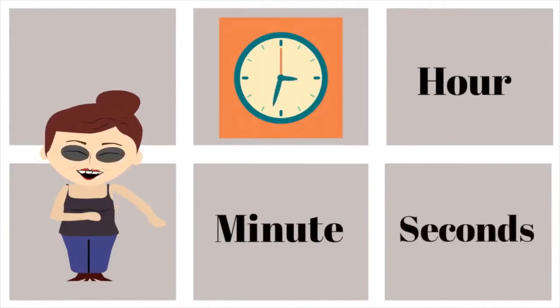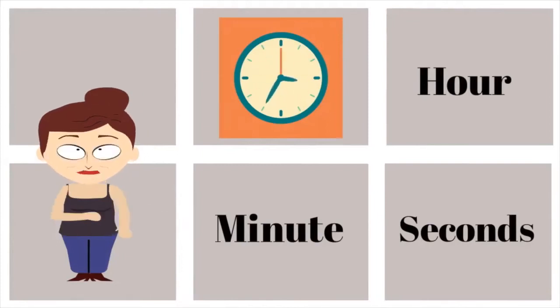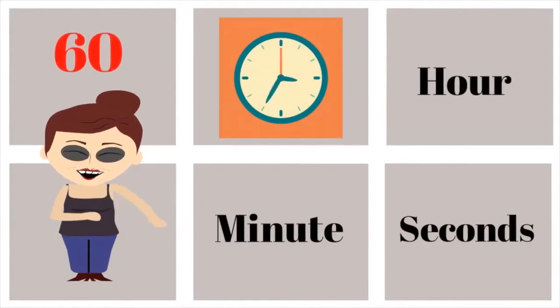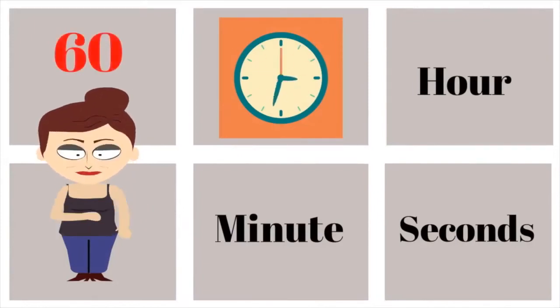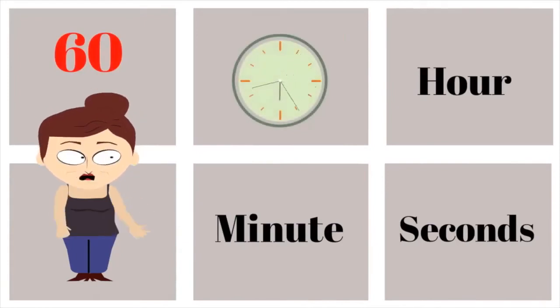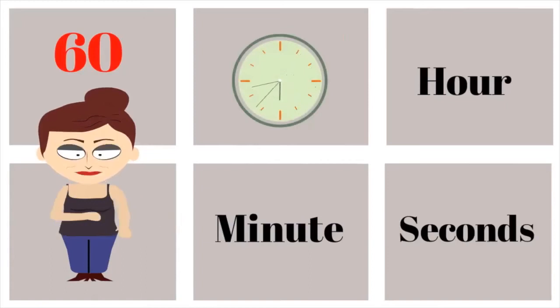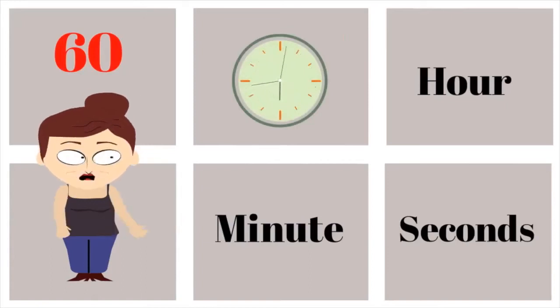The slimmest needle is for the seconds. It rotates around the clock 60 times to make up 1 minute. And the longest fat needle is the minute. It rotates another 60 times to make up an hour.